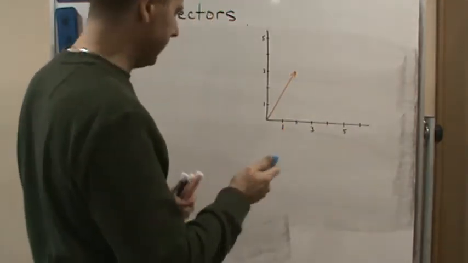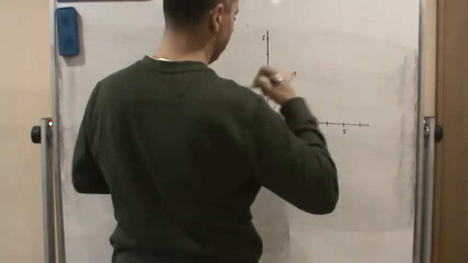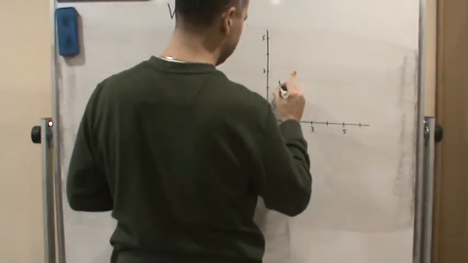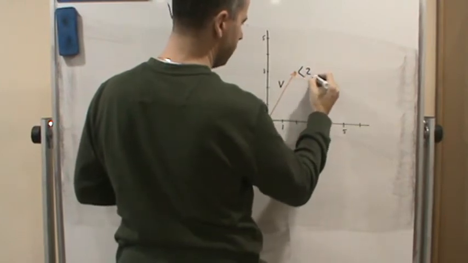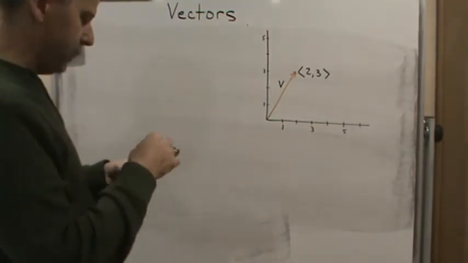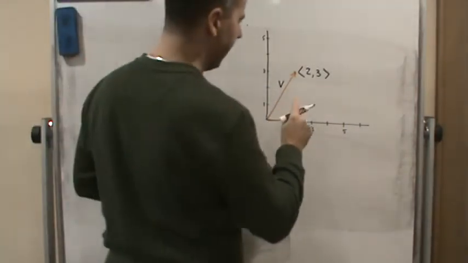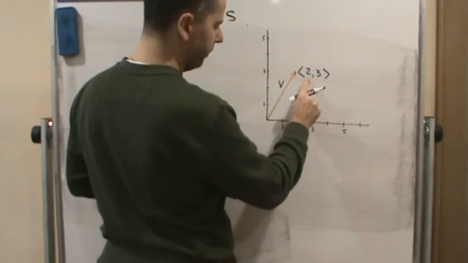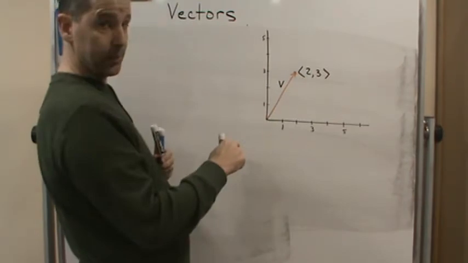Okay, so for example, in this case we have the vector, let's call this vector V, and this is 2, 3. Now we can split this up into its component vectors, because we know the horizontal is going to add up to the 2.